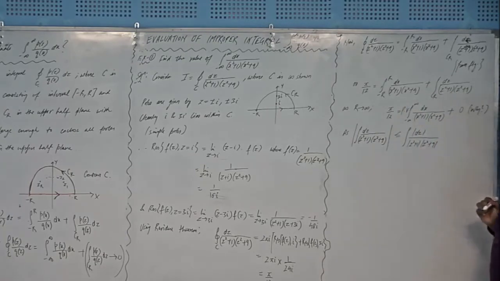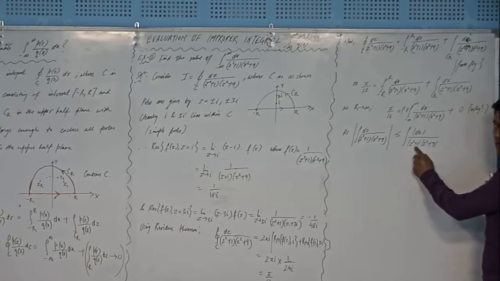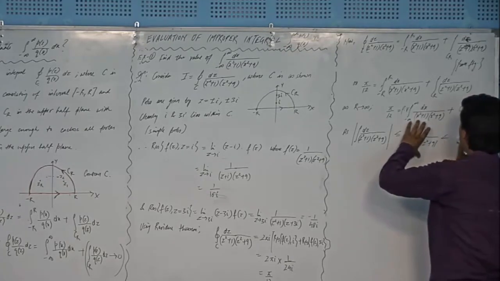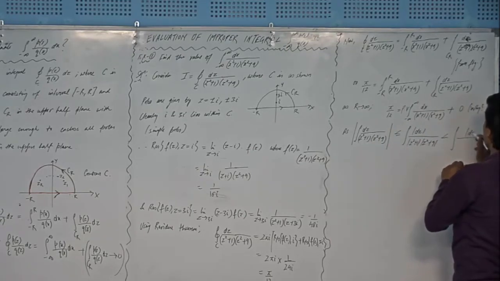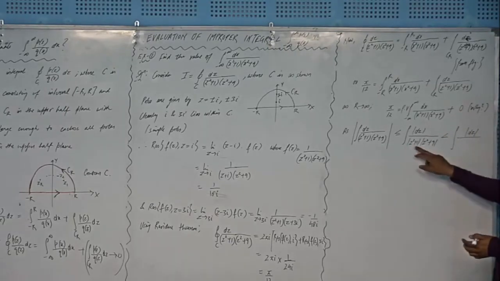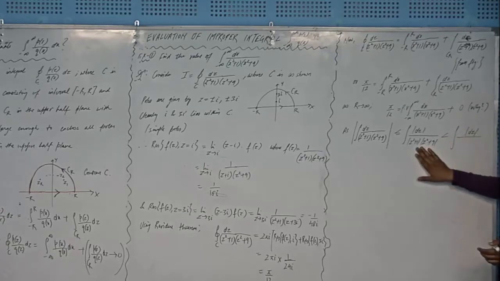You can see the denominator, this is z square plus 1. If you want the whole integral to be bigger than this, you have to squeeze the denominator. If you write a smaller denominator here, then this whole integral will be bigger than this one, right?